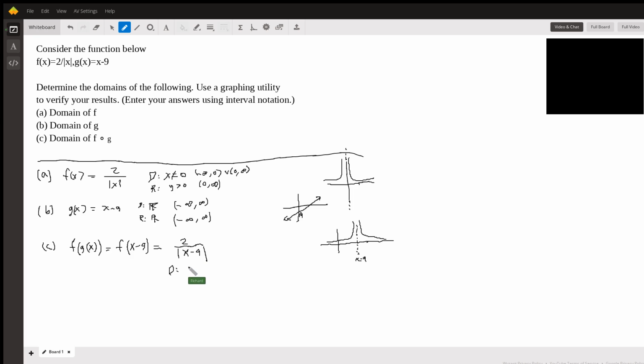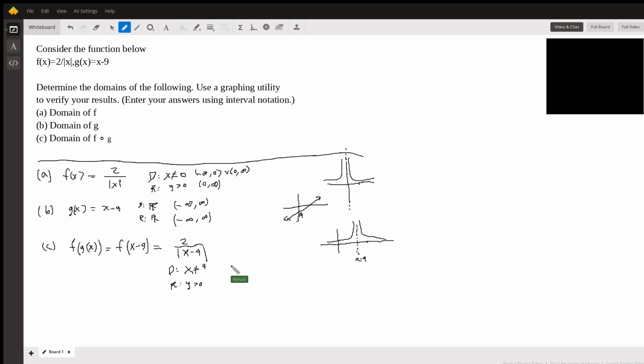So the domain here is just x can't be 9. And you can see the range here is going to be the same as the parent function. It's just going to be y is greater than 0.